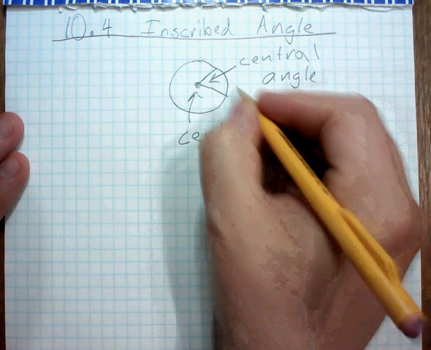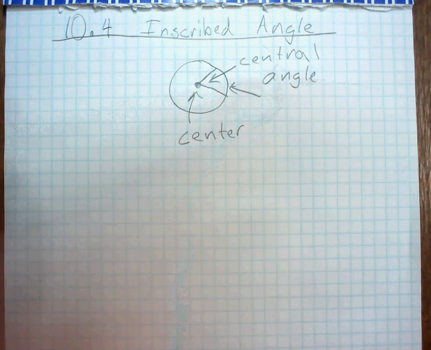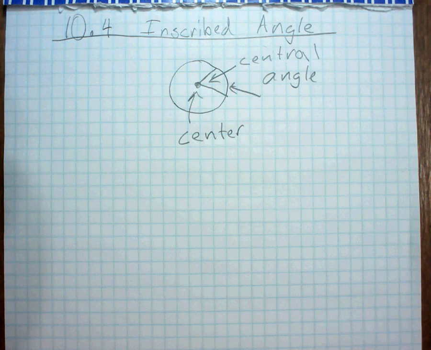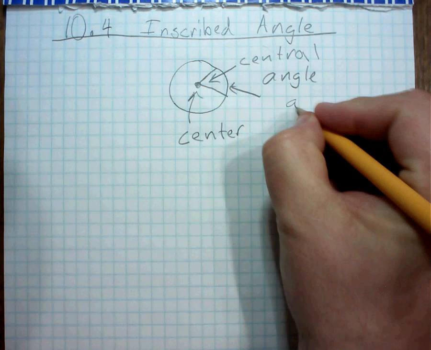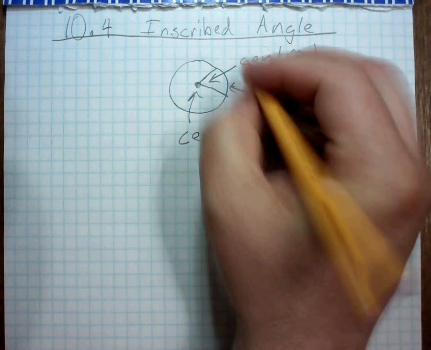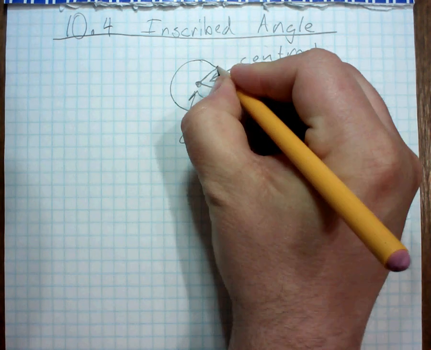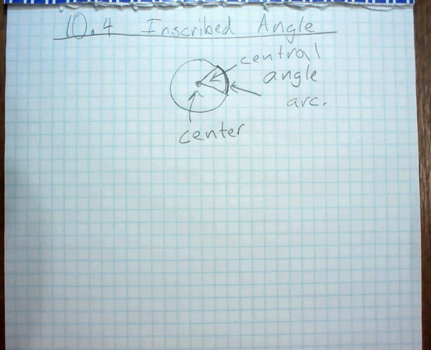So we knew that, and then this would be what we call an arc, the measurement from here to here, and that could be in degrees.